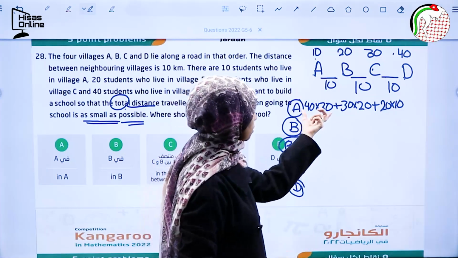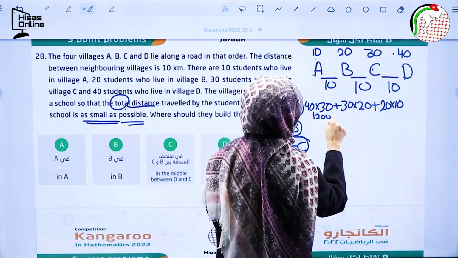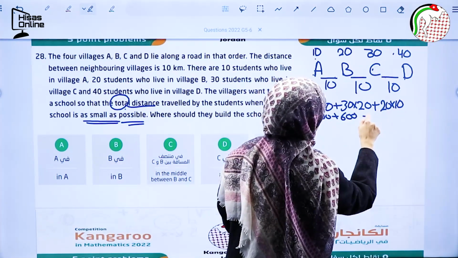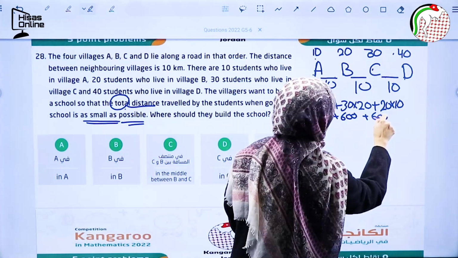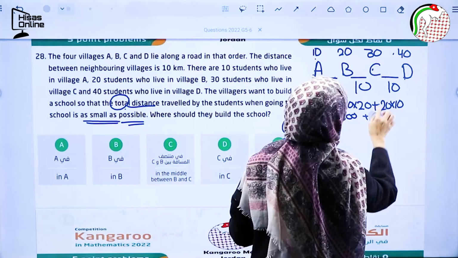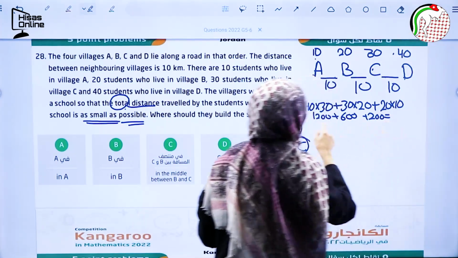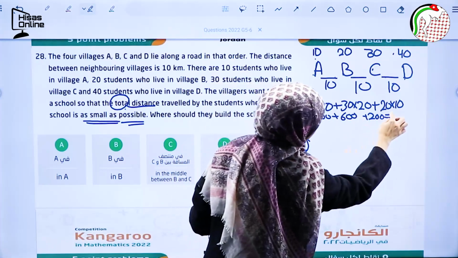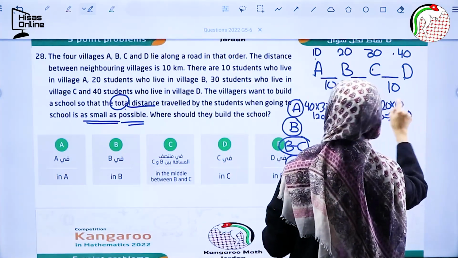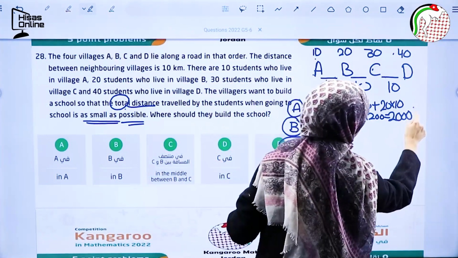Now let's calculate. This is 1,200 plus this is 600 and this is 200 and 200. That makes 2,000, 2,000 here measured in kilometers.